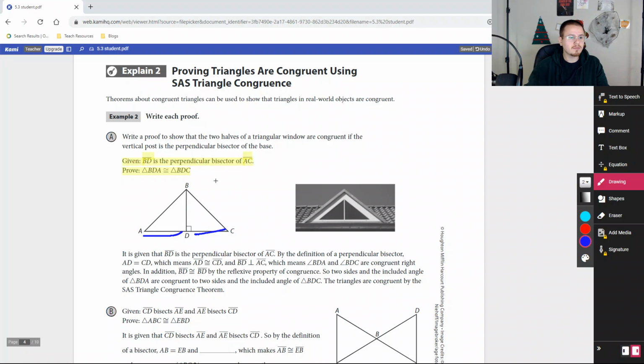Well, AD is CD, which is what I said, which means that they are congruent, and BD is a shared line, so that means these are congruent. Now, is this angle congruent where they meet? They're obviously 90 degrees. So you could write that. You could talk about the reflexive property, but anyways, either way, this is SAS.